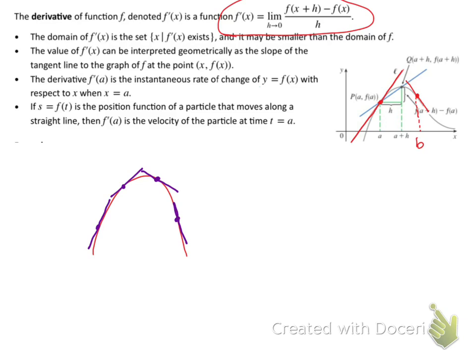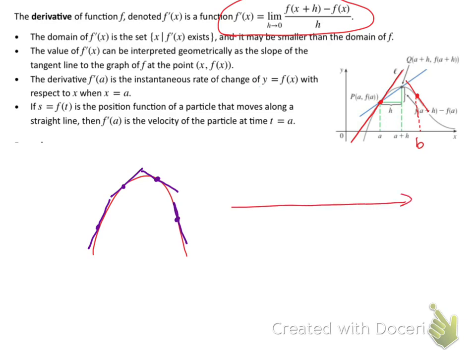In particular, if you view it in physics, then the x coordinate will be time, so instead of x, we call it t. And the y coordinate will be s, the displacement. It's like a particle moving along a straight line.